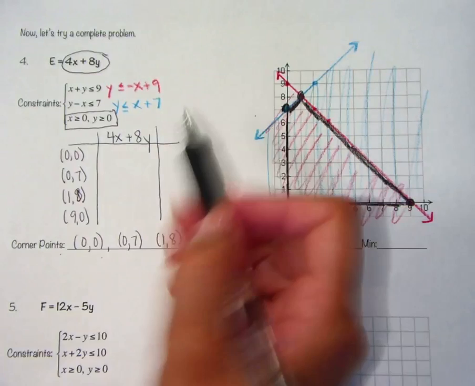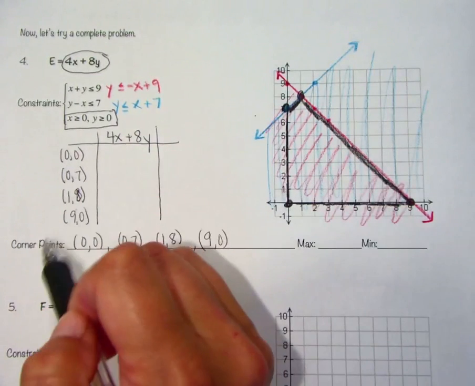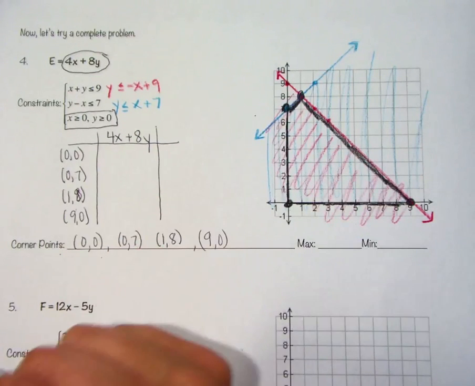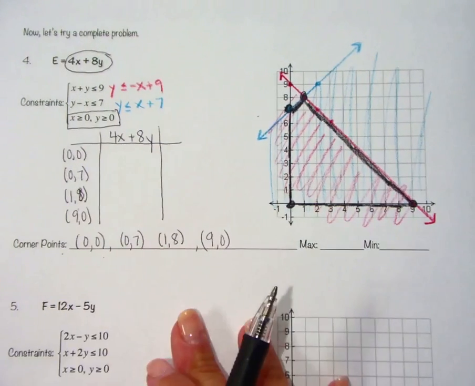So take a couple of minutes for yourself to plug in your 4 corner points, see what maximum and minimum values you come up with, okay?